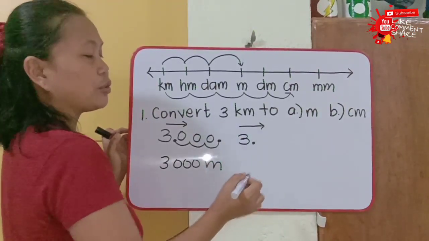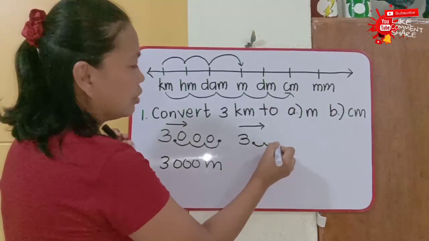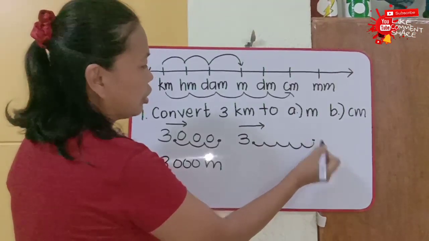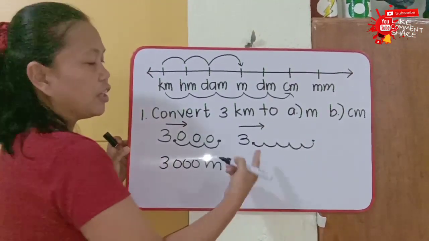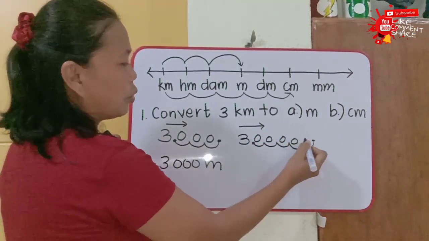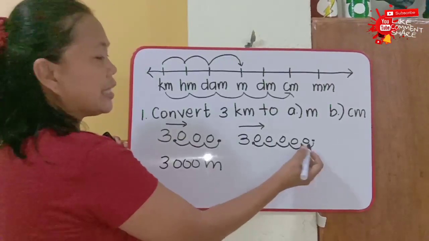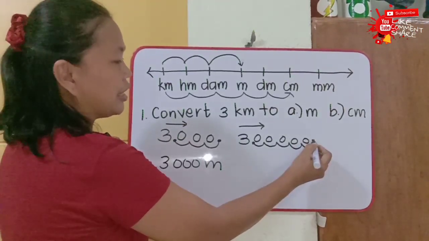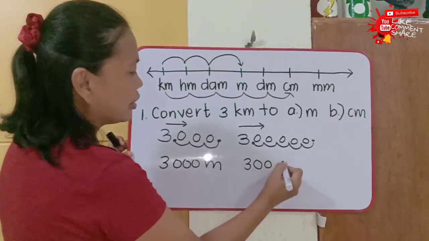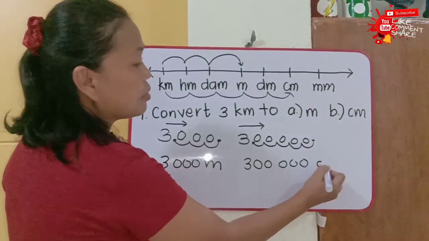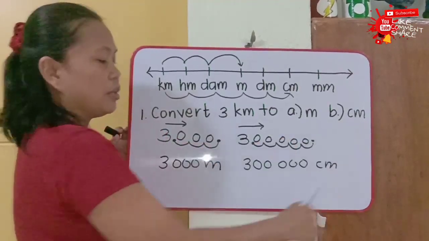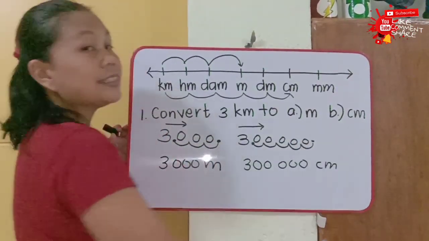So 5 times to the right: 1, 2, 3, 4, 5. This will be the location of the decimal point. Again, if there's no number, we just add zeros. So we have 5 zeros. Since this is a whole number, no need to write the decimal point. So the answer will be 300,000 centimeters. This is the conversion of 3 kilometers to centimeters.